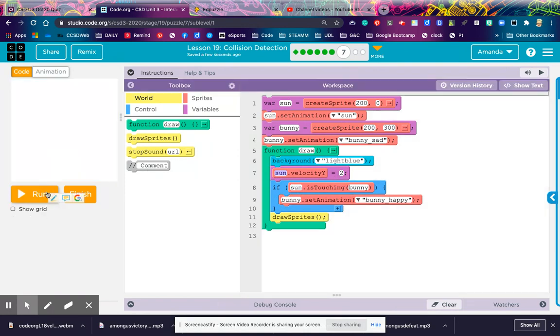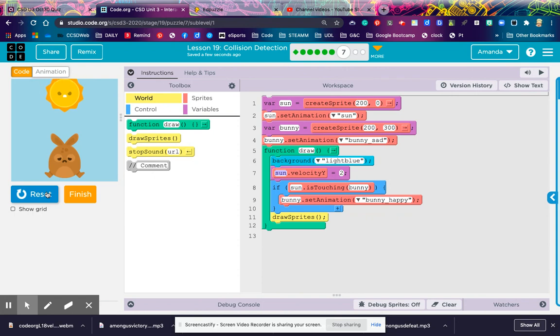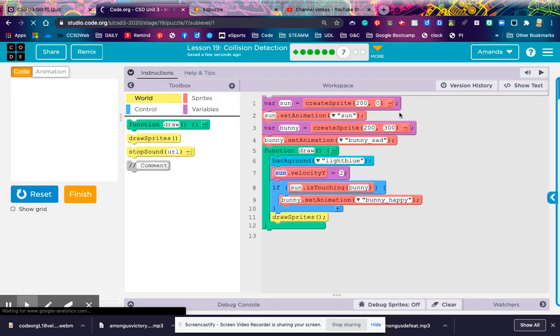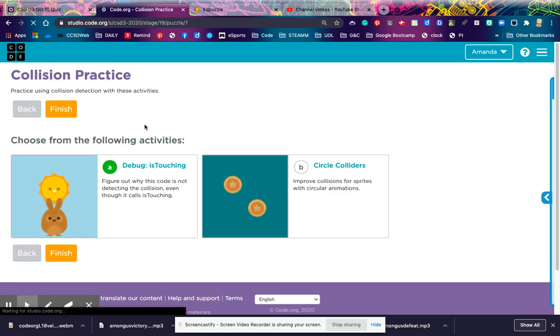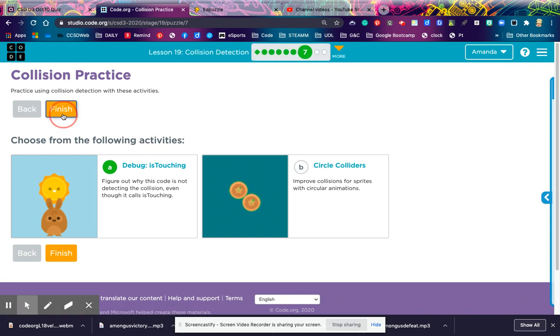Let's see if I'm right. Sun is falling. Yep. Bunny happy. Yay, it works. That was easy, just moving some code. Remember those if statements got to go in the function draw loop. Alrighty, if you want to do the other one, I'll give you some bonus. Otherwise, hit finish.